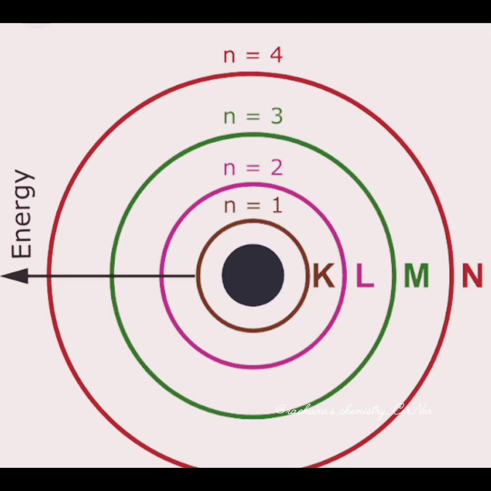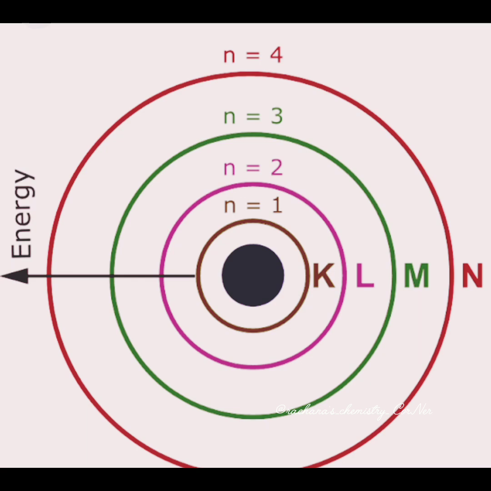For example, we know that the nearest shells from the nucleus are K, L, M and N. K is the first nearest shell, L is the second nearest shell, M is the third nearest shell, and N is the fourth nearest shell to the nucleus. So the principal quantum number of the K shell is n is equal to 1, because it is the nearest shell to the nucleus and its energy will be lowest compared to the others.